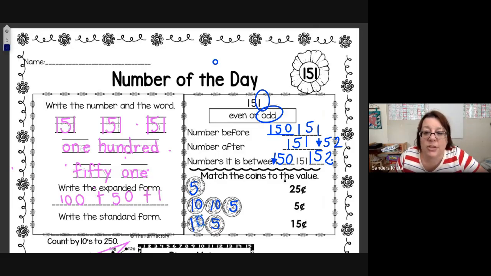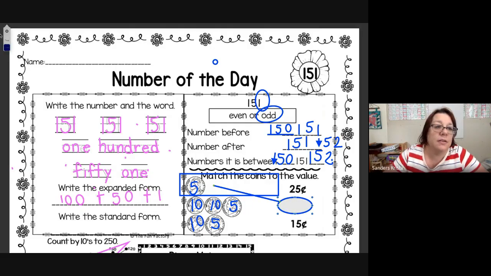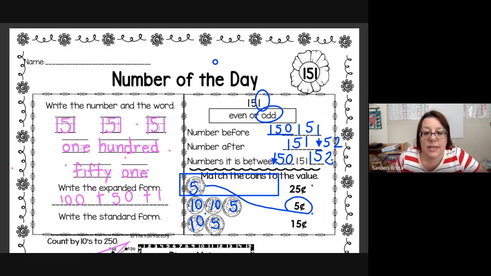So it says match the coins to the value. So this group right here has a value of what? 5 cents. Good job. So it matches this one right there. Okay. Let's see. Here we have 10 and 10 and 5.